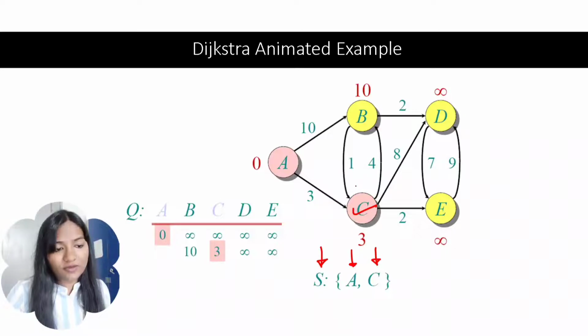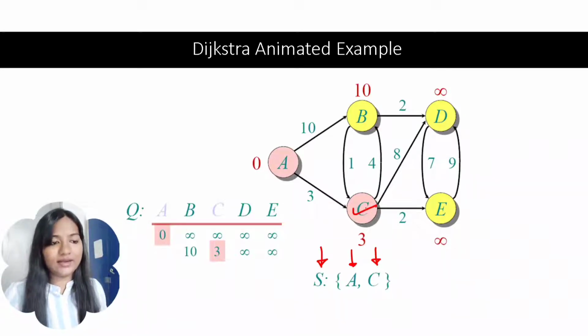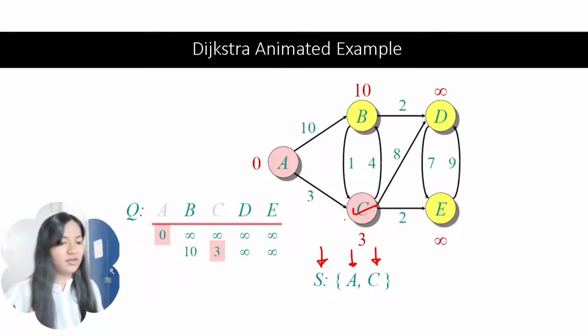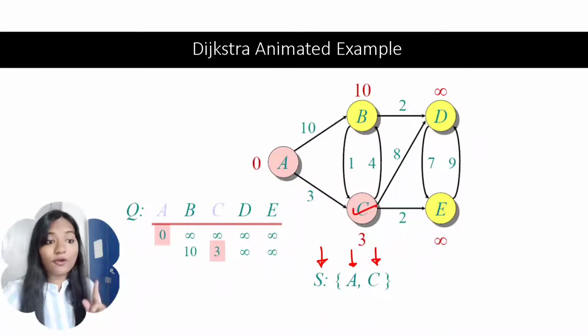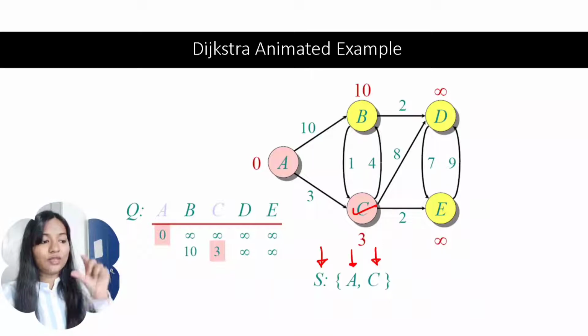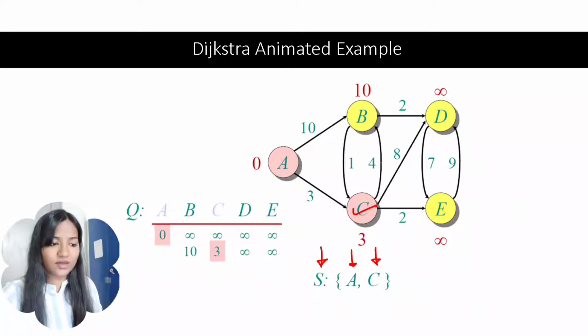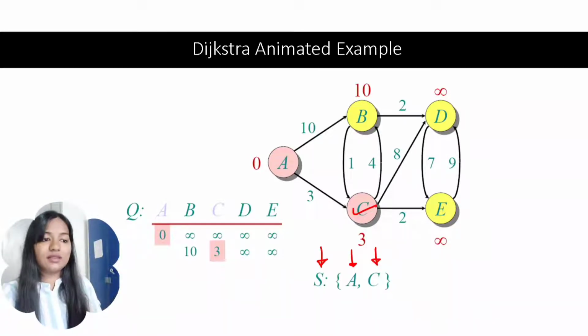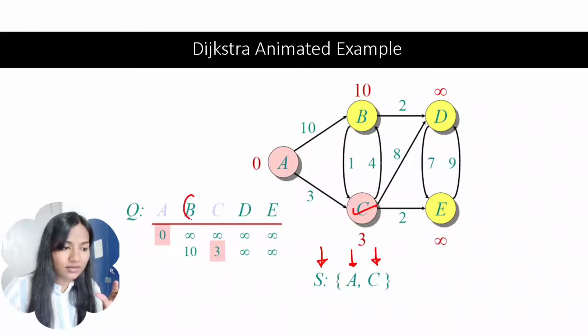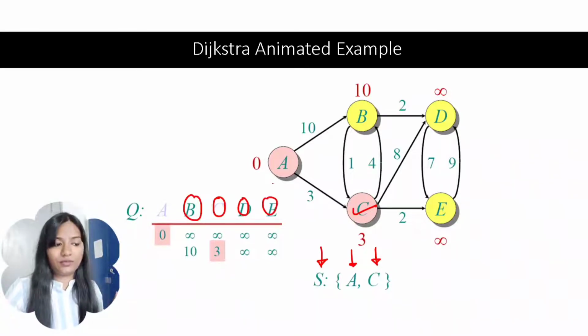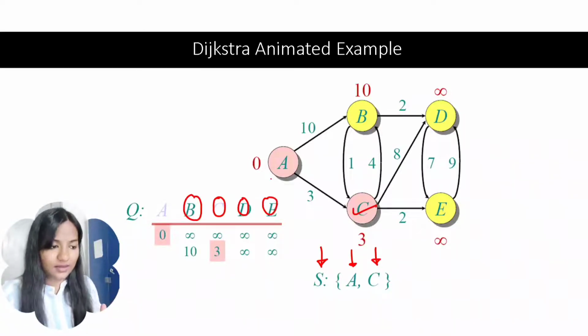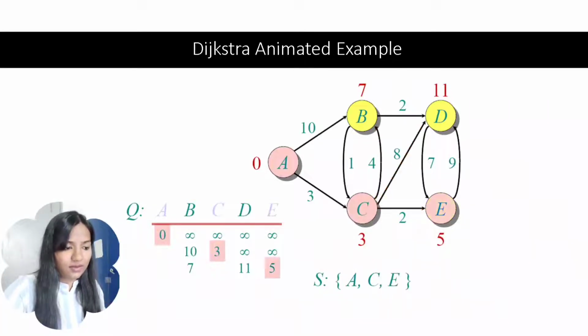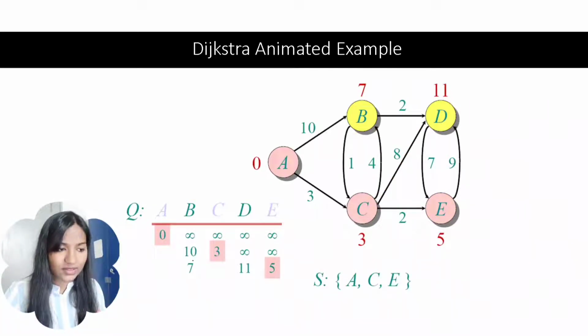Now from my visited vertex, what are the directly connected vertices? B, D, E are all connected to C. So let's write their distance from A. Make sure that in the table, whatever values we write are the distance of this vertex from A. So why are we getting 7?